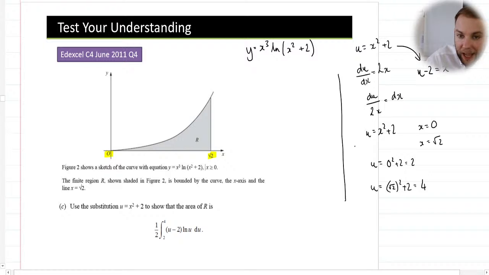So we're going to do the integral between 2 and 4 of, now I'm not going to replace that x cubed yet, x cubed ln of x squared plus 2, which is equal to u. This should be with respect to x, so with respect to x is going to be du over 2x.